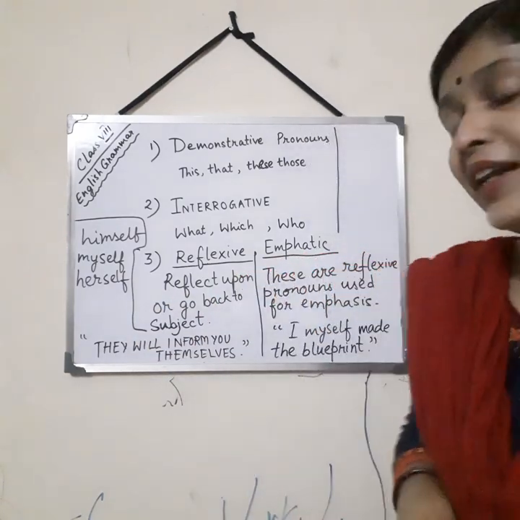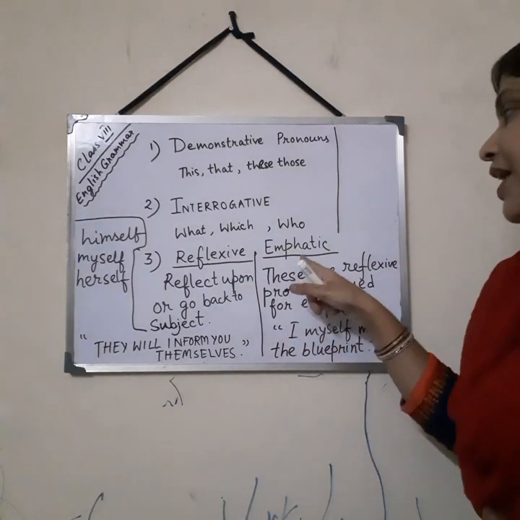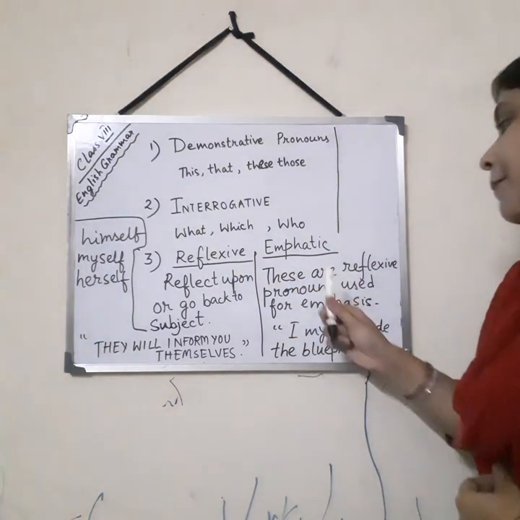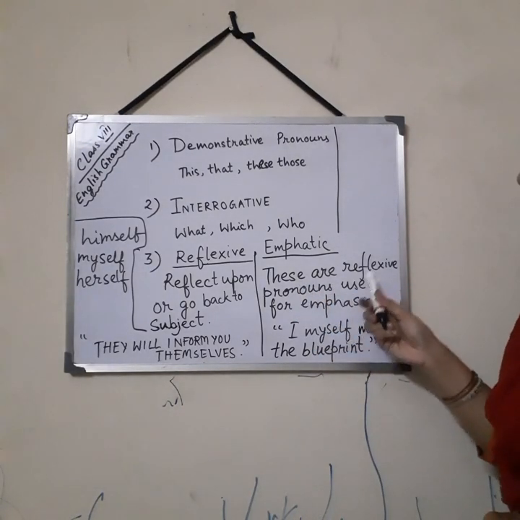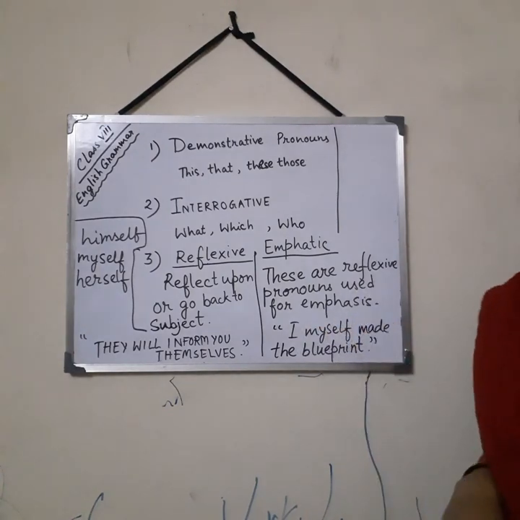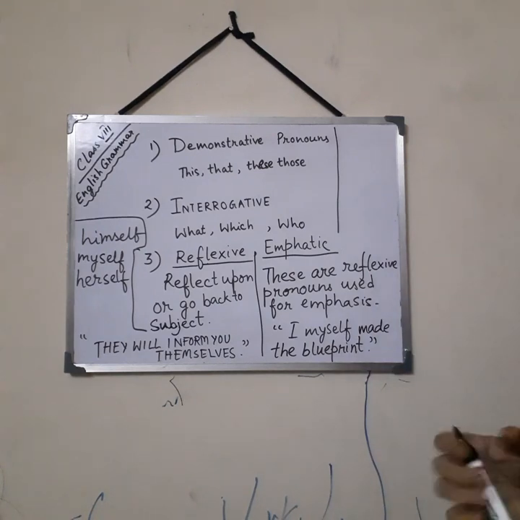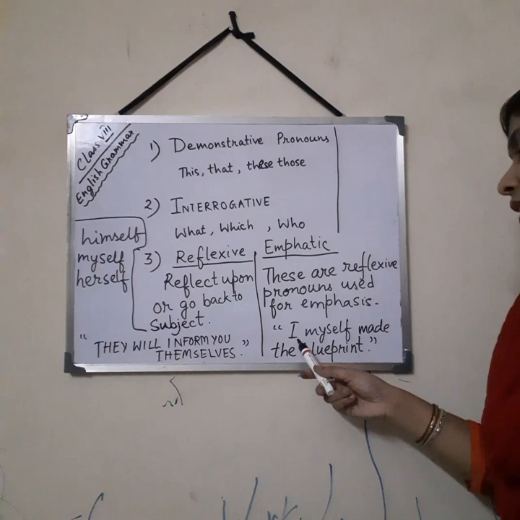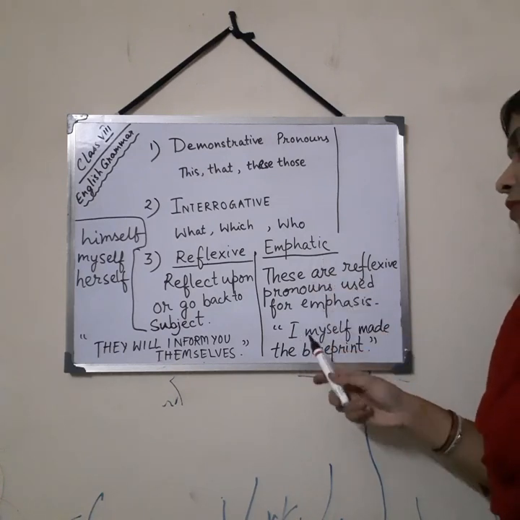Now there is another kind which is often mixed up with this, that is the emphatic pronoun. It is also a kind of reflexive pronoun, but it is a special kind. These are reflexive pronouns used for emphasis. They are used for emphasizing the subject. So, how will I construct sentences like that? Normally, we place the emphatic pronoun just after the subject.